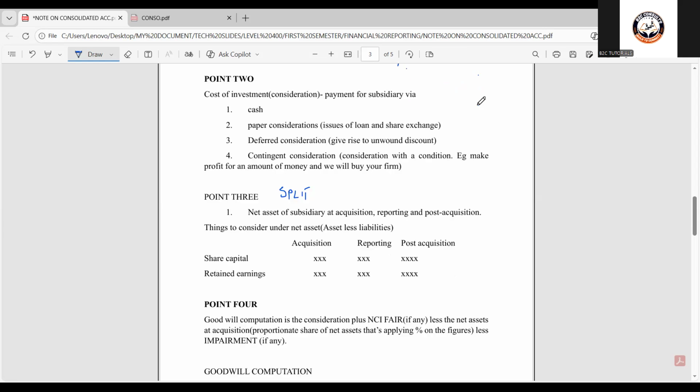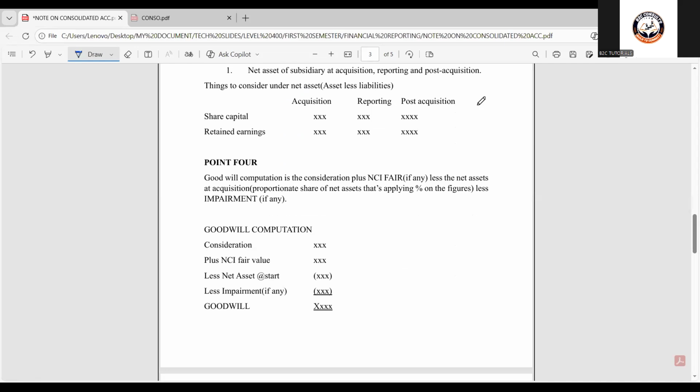All right. Then point four, I told you, you need to look at goodwill computation. It says goodwill computation is considered plus non-controlling interest fair value, if any, less the net asset at acquisition proportionate share of the net asset, applying the percentage on the figure, less impairment. Okay, what does it really mean?